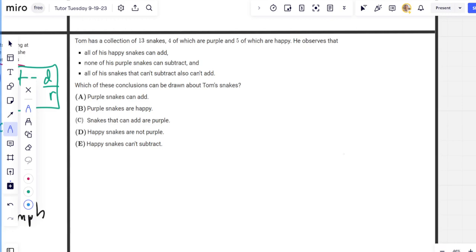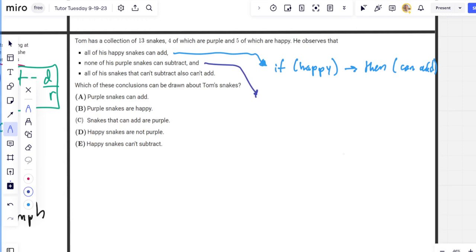So let's break it down. First off, all of his happy snakes can add. What I'm going to assume from that is that if you are a happy snake, then you can add. What else have we got here?